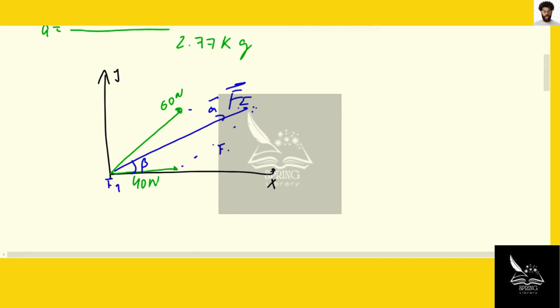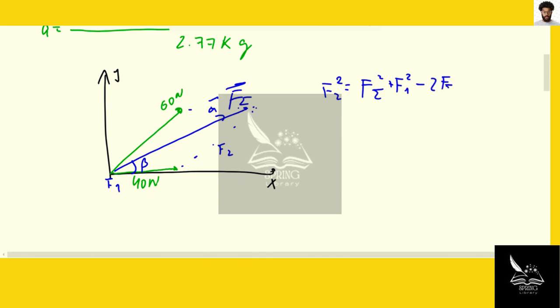So again, let's use the cosine theorem. F2 squared equals F total squared plus F1 squared minus 2 multiplied by F total multiplied by F1 multiplied by cosine beta.